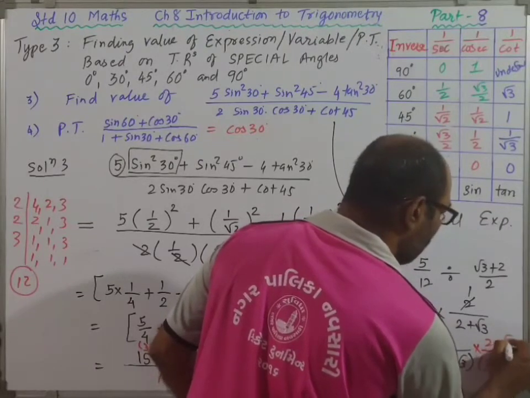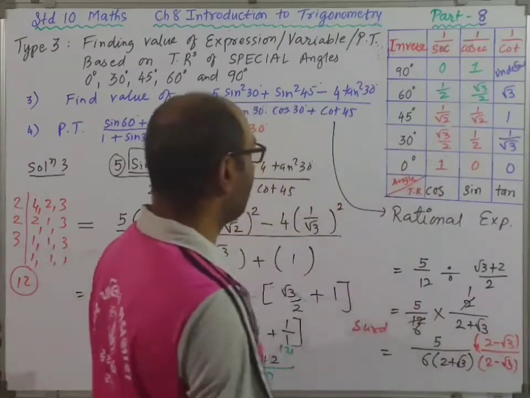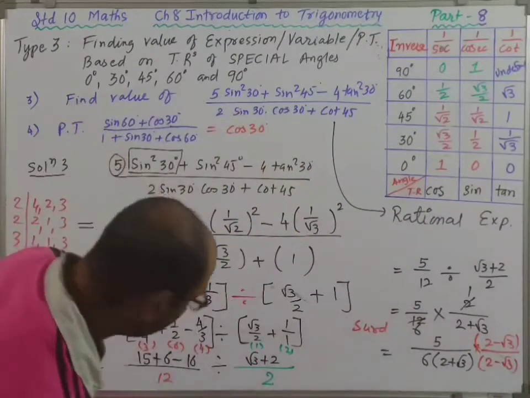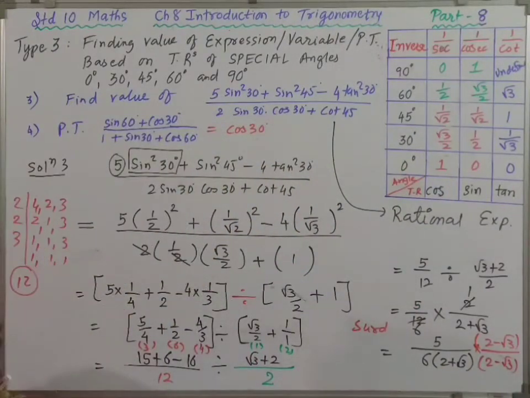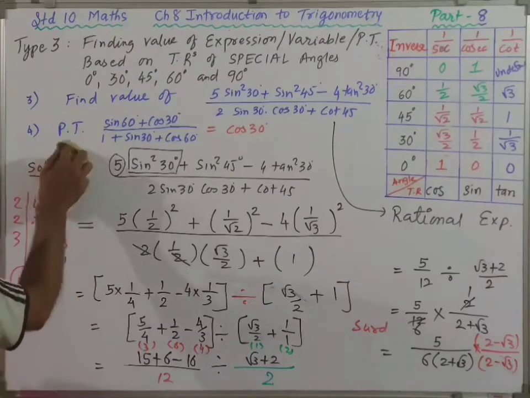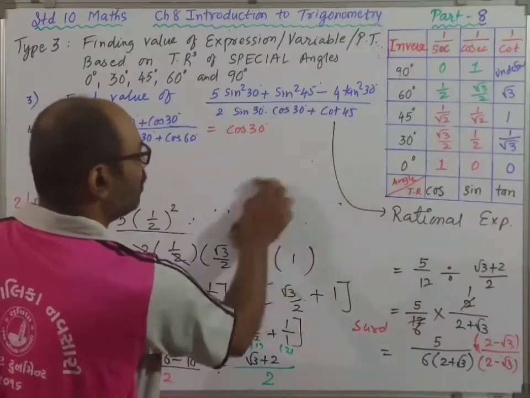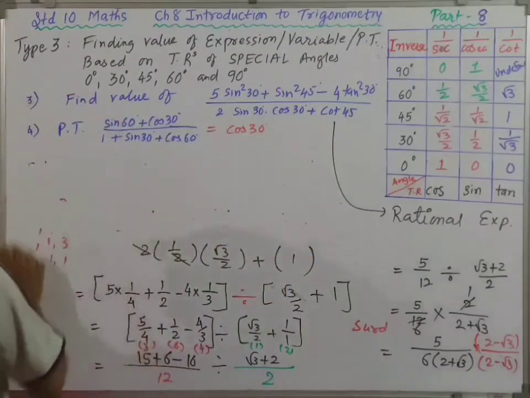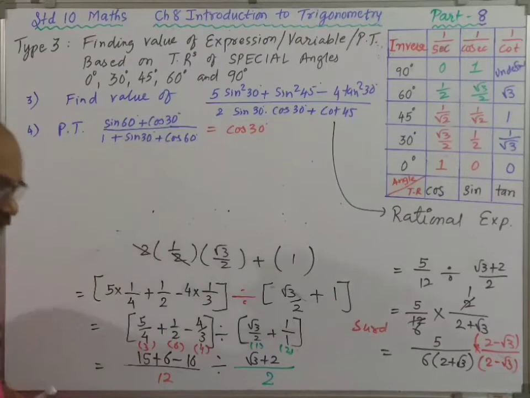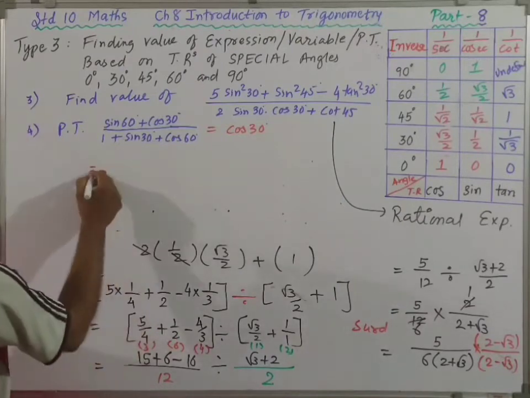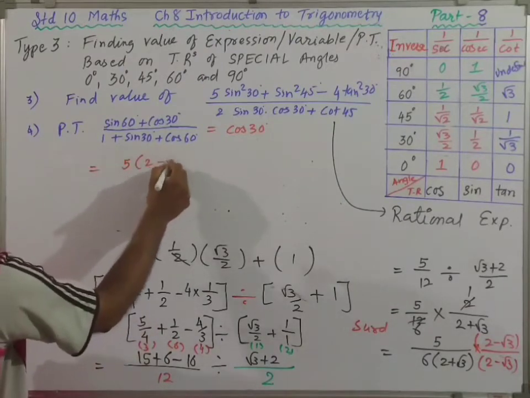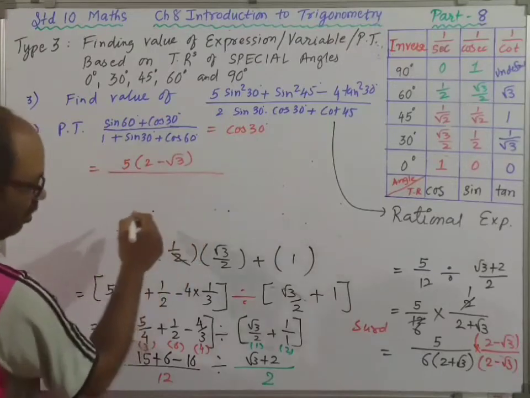2 minus root 3. All right. I'll rub this portion a little bit. So that is equal to, up 5 into 2 minus root 3, down 6.